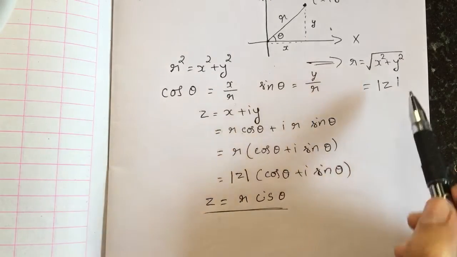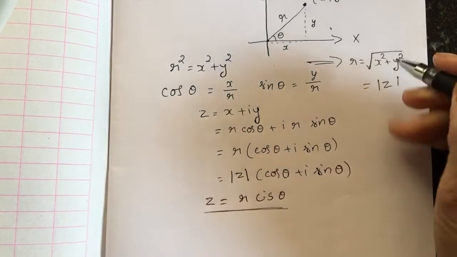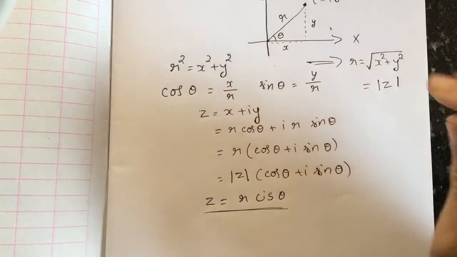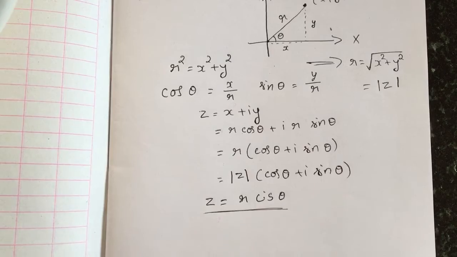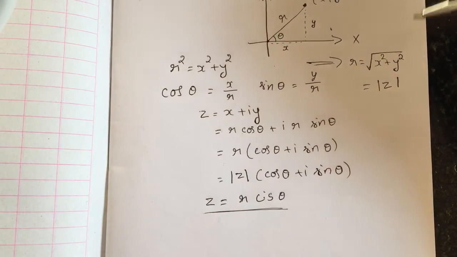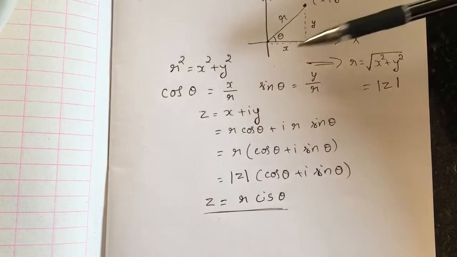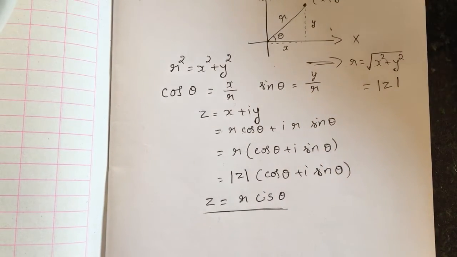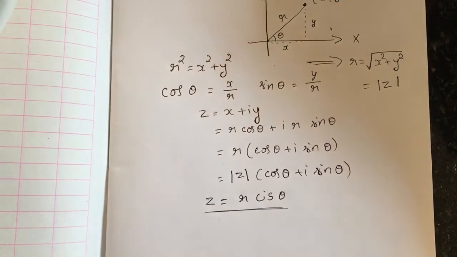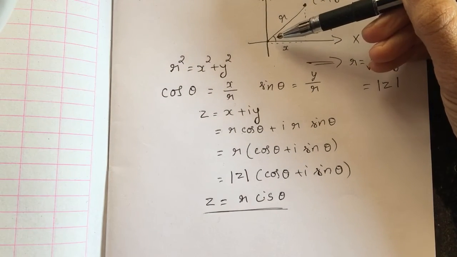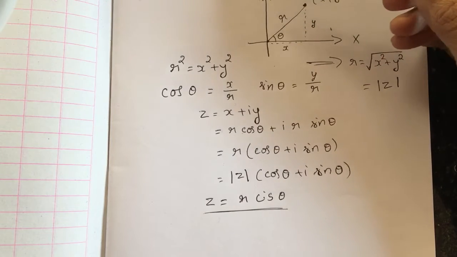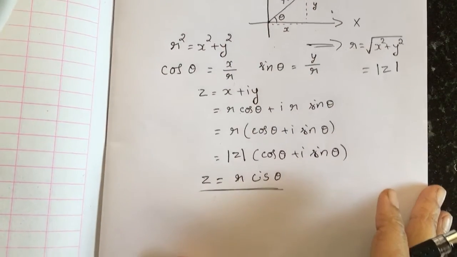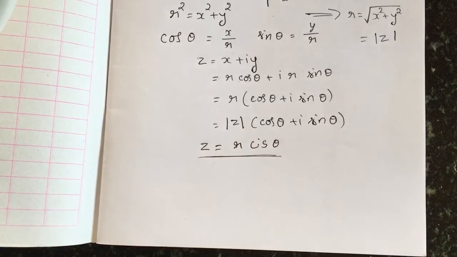Always remember that this r, which is the modulus of a complex number, will never be negative. And theta is the angle, measured in radians, that z makes with the positive real axis. Each value of theta is called an argument of z. The set of all such values of theta is denoted by arg z, or we can even say amplitude of z.